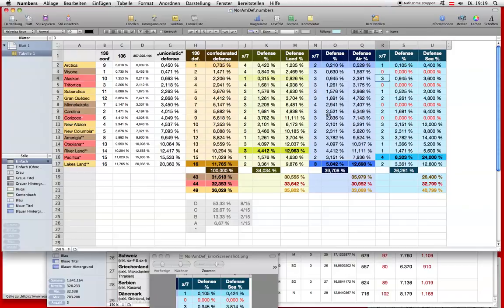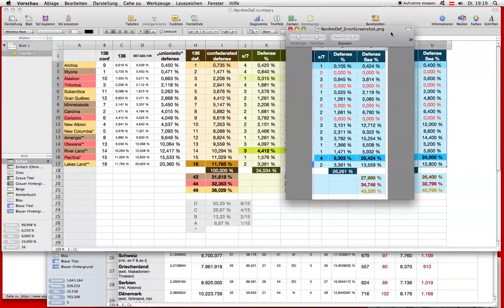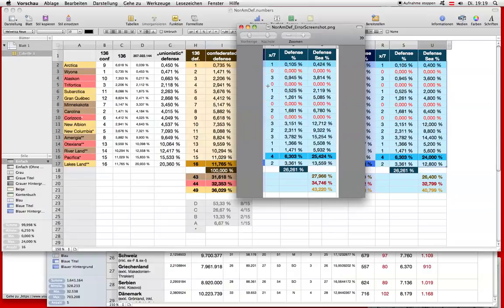I fine-tuned this eventually and wound up with a different number of sevenths total, and thus what here is used as a factor in this multiplication ever so slightly changed, and that was why this final column was not correctly displayed. Actually, here I have a screenshot of the incorrect one. As you can see, the first and the second column are still unchanged, and nothing about this changed. Nothing about the 26.261 changed, by the way, just for completeness' sake. Only that third column changed, and it changed only ever so slightly, right?